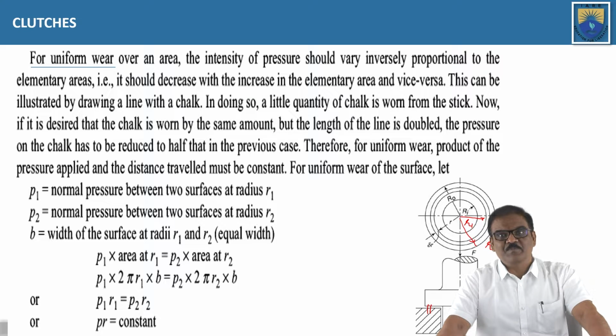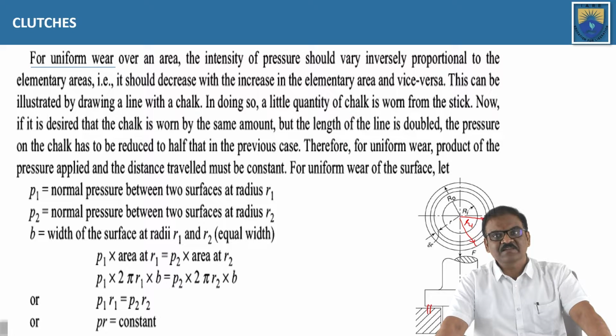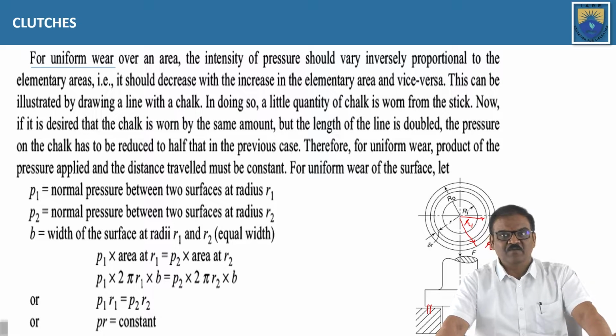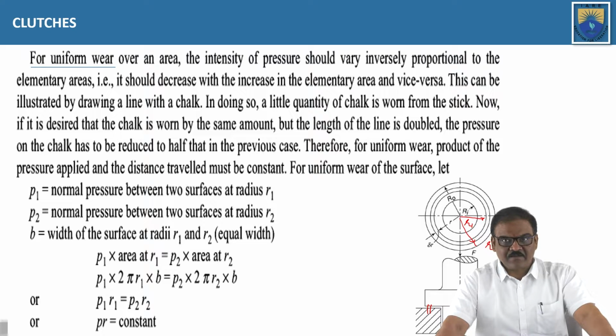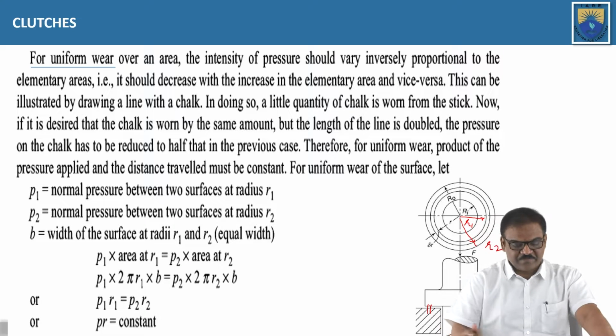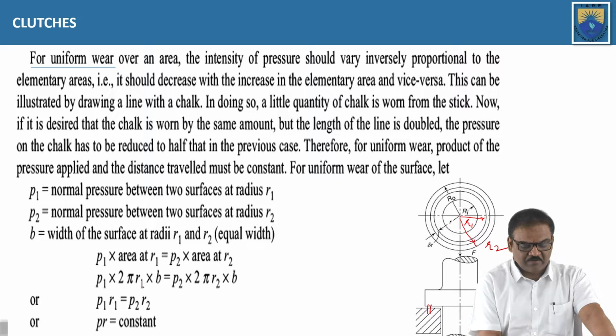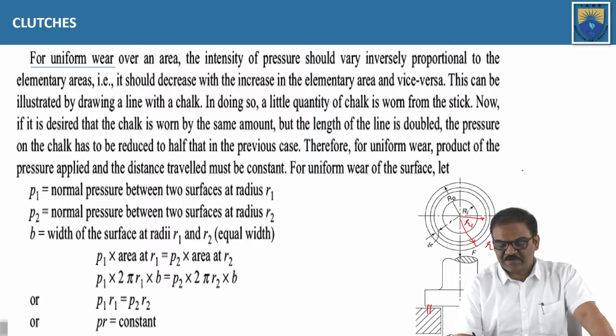P2 is the normal pressure between the surfaces at R2. B is the width of the surface at radii R1 and R2, equal width. Therefore, P1 into the area at R1 is equal to P2 into the area at R2. So what is the projected area? P1 into 2 pi R1 into B. That is the projected area.